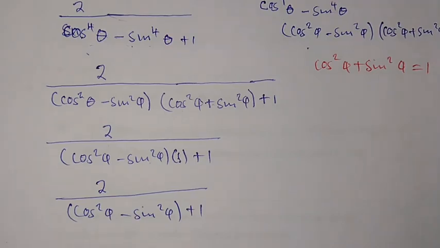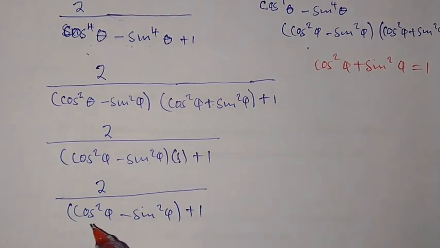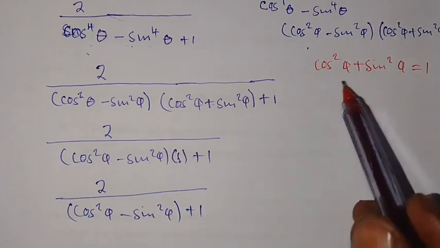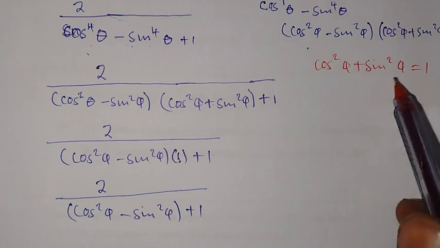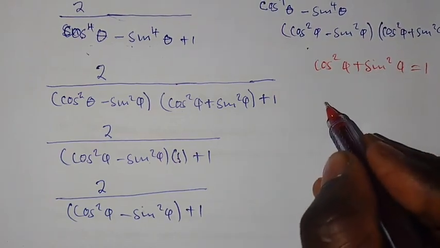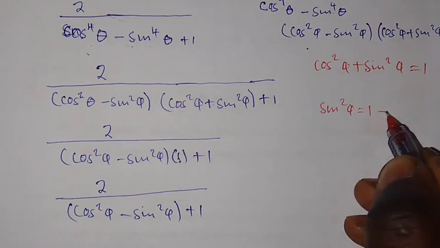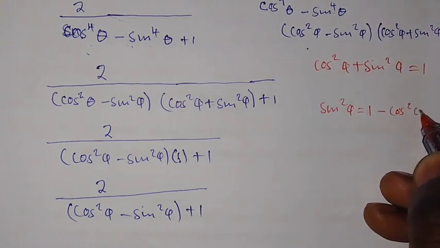Now, from here again, what are we going to do? From this stage, we can see we have cos squared theta minus sine squared theta. We are going to replace sine squared theta by looking at this trigonometric identity again. We'll make sine squared theta the subject of the formula, meaning sine squared theta equals 1 minus cos squared theta.